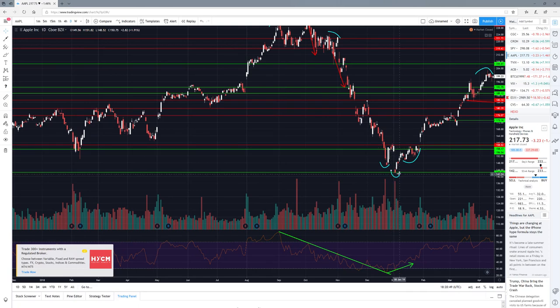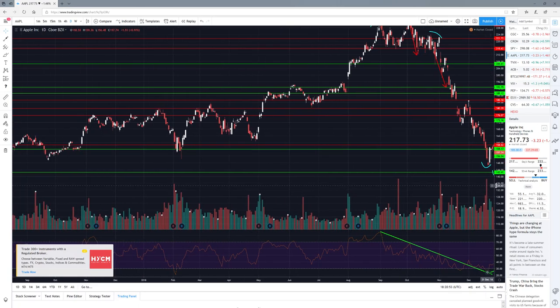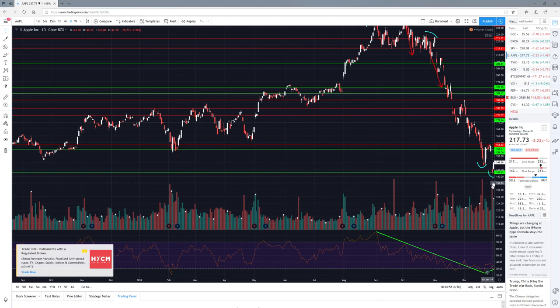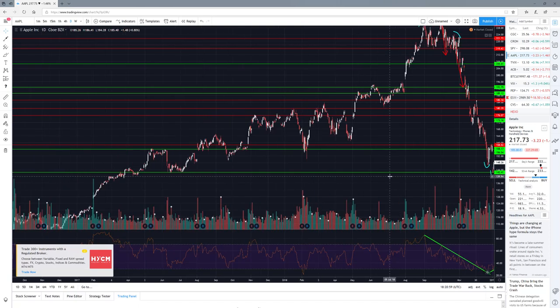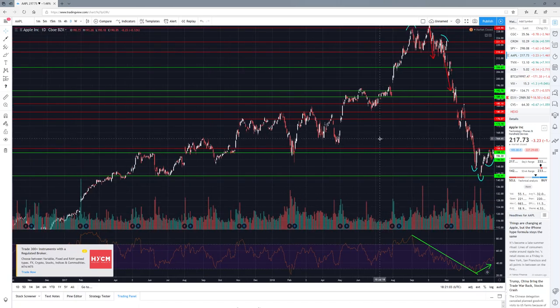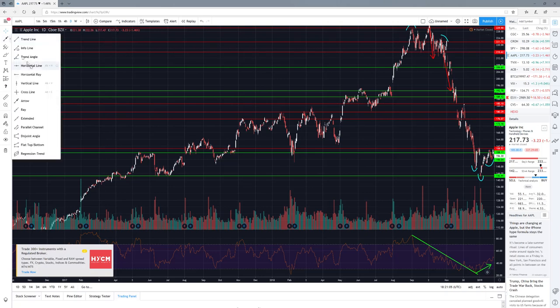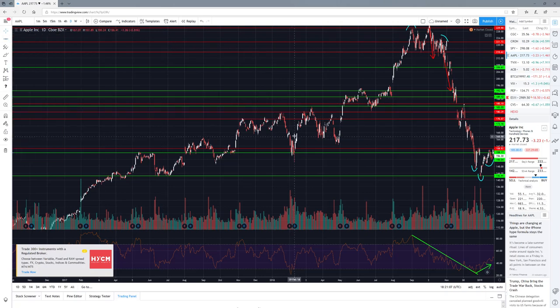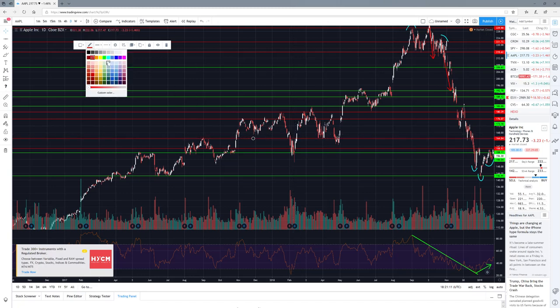So let's say it's gapping down to this level. You're in the situation where you're here. The days where it's gapping down to that level, you want to look all the way left to see where you are. Here, you could argue that this was a low that was gained.